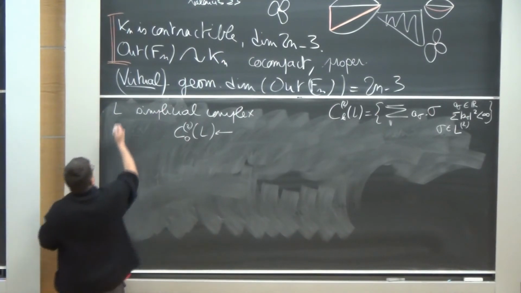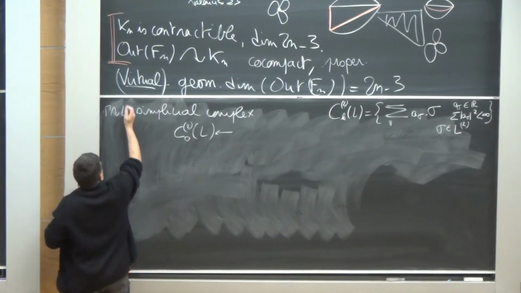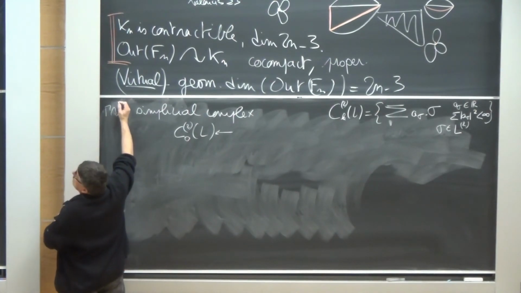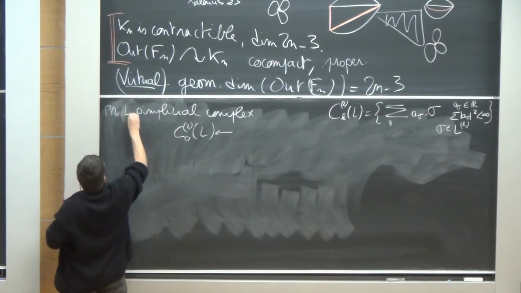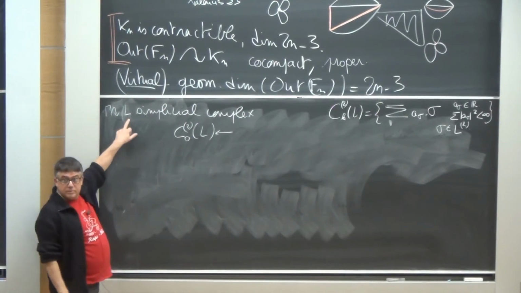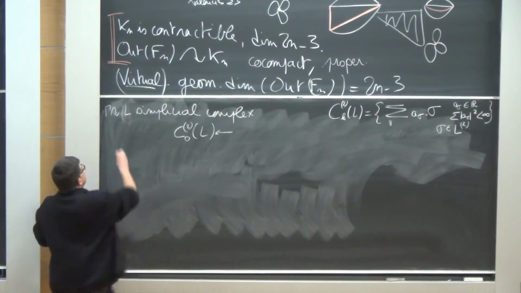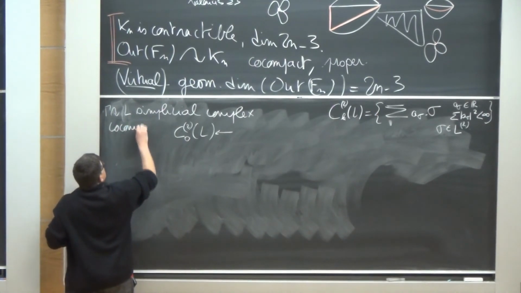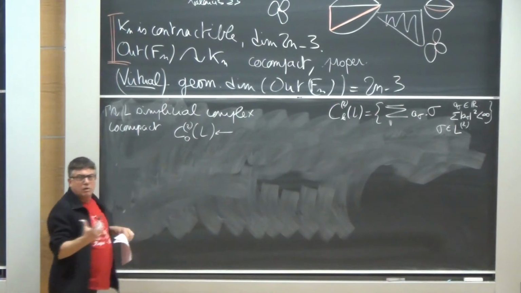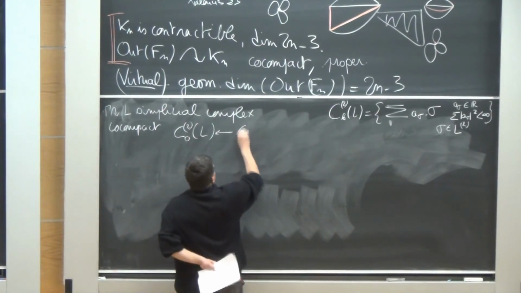But in our context, where we have behind, is it L or K? L, okay. Where we have an action of the group, which is co-compact. So this implies some local finiteness, and everything works well.